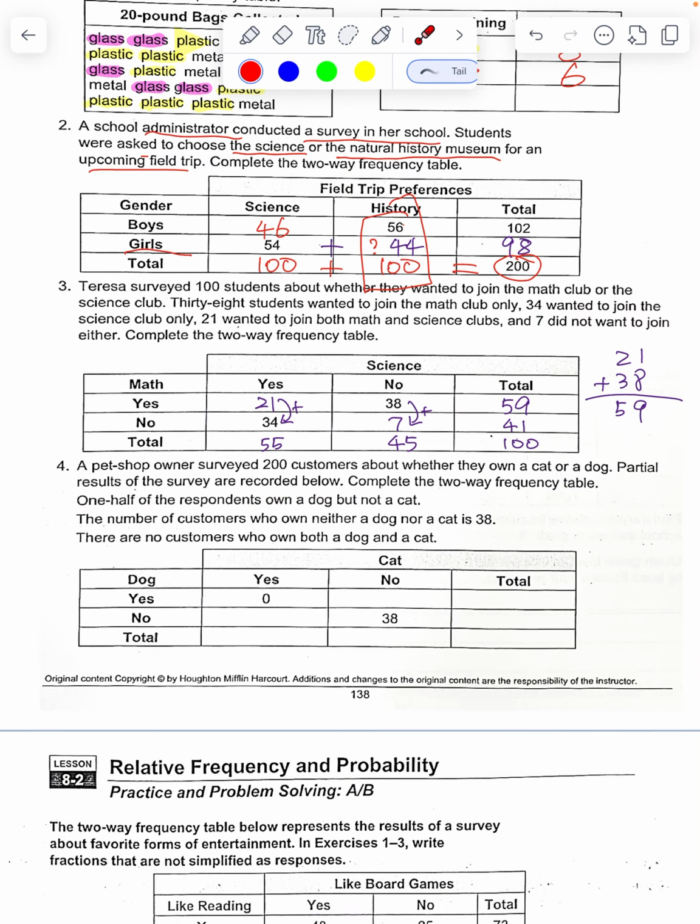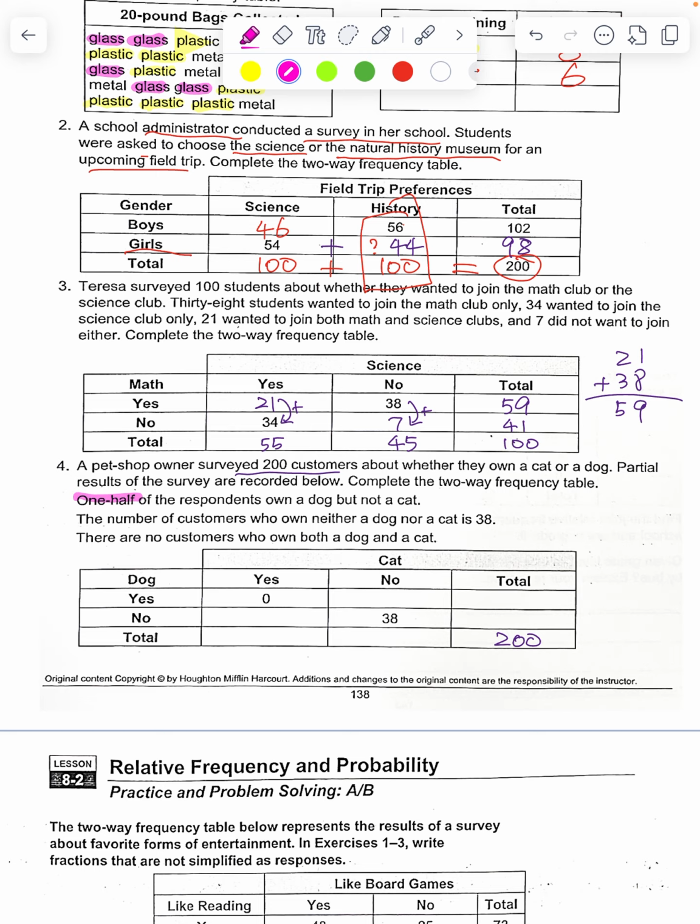Okay, let's put 200. The grand total should be right here, 200. Yeah? And let's check carefully.